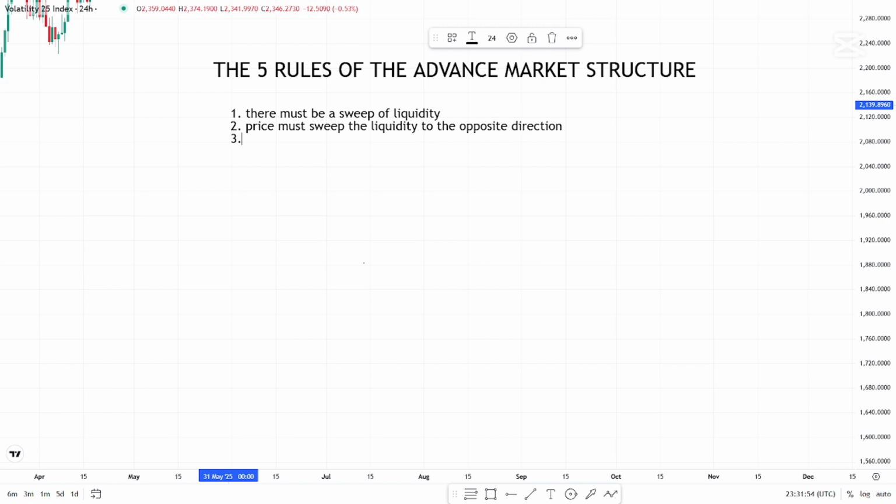Rule number three, there must be a 50% retracement to be taken out later.